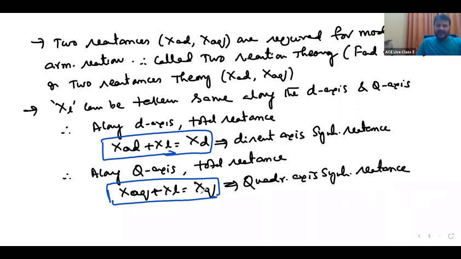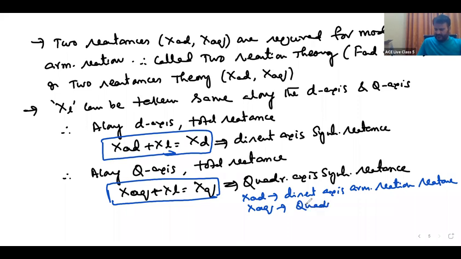XEAD is called the direct axis armature reaction reactance, and XEAQ is called the quadrature axis armature reaction reactance.